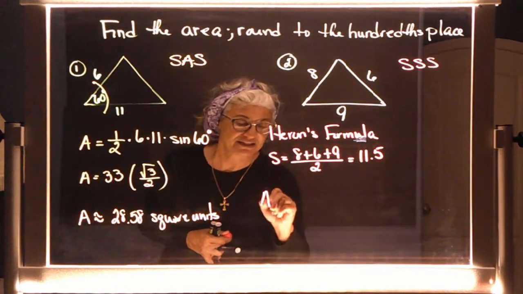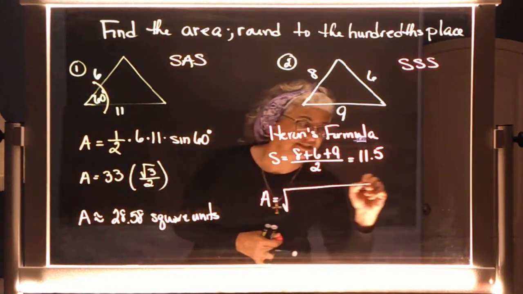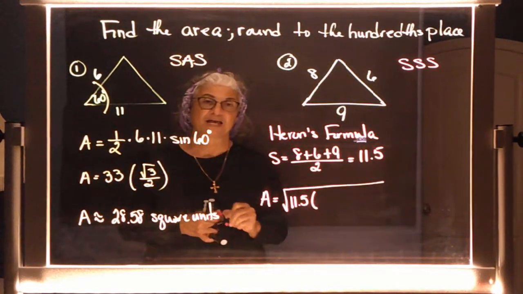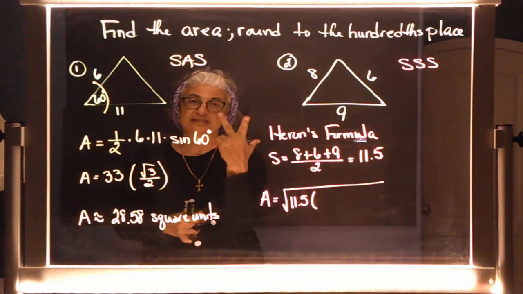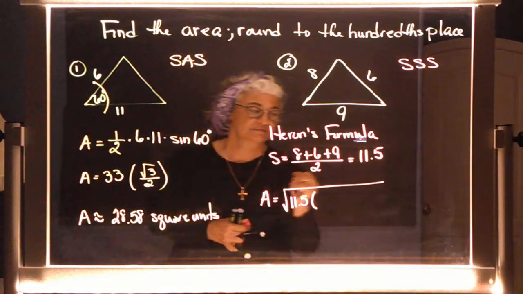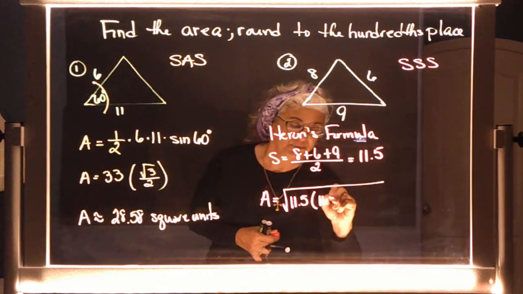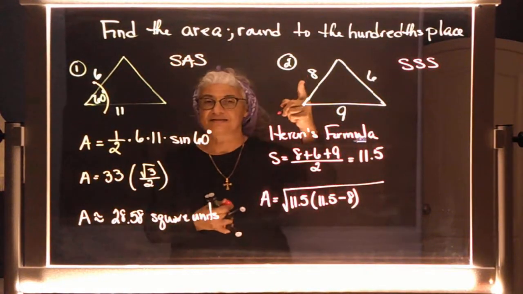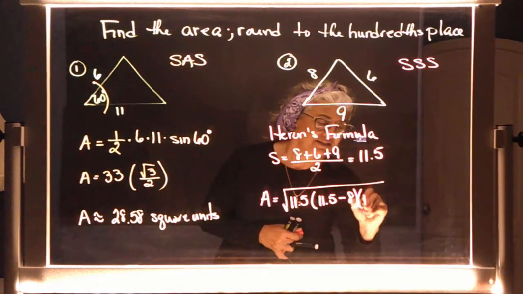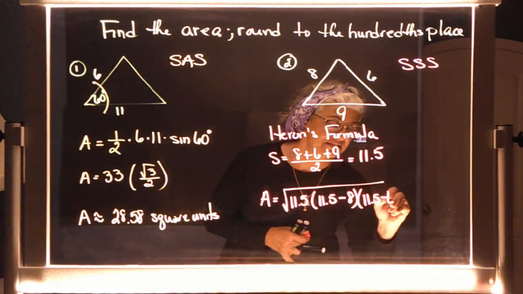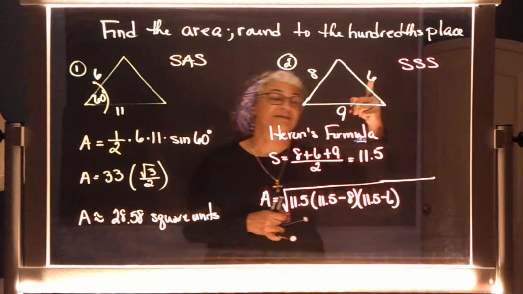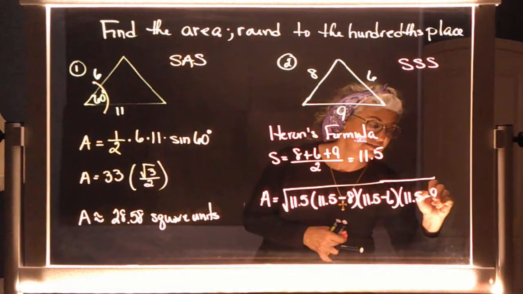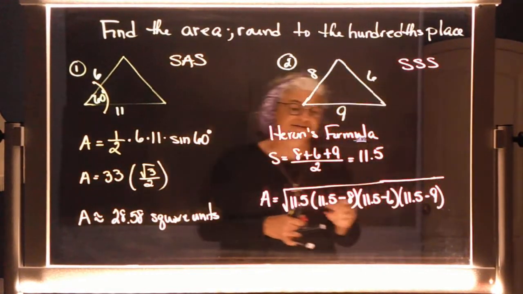And then to find the area, Heron's formula says to take that semi-perimeter and multiply it by 3 differences. The semi-perimeter minus one of the sides, I said 8. And then the semi-perimeter minus another side, I took the 6. And then the semi-perimeter minus the third side.